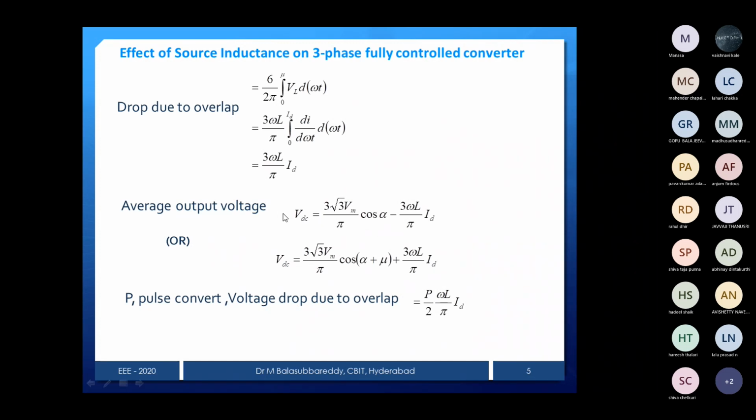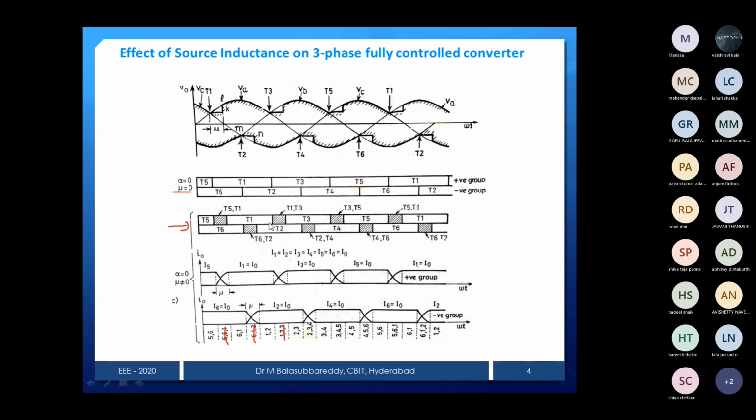As you know, 3 root 3 Vm by pi into cos alpha is the average expression in the case of a 6 pulse converter, and how many times do we get the drop here? 1, 2, 3, 4, 5, 6, one full cycle has 6, then the cycle is repeated from here onwards. So if you integrate one portion and multiply by 6, we get the total drop.